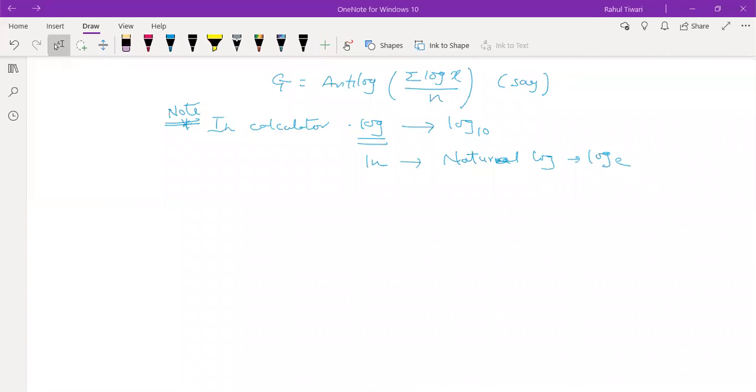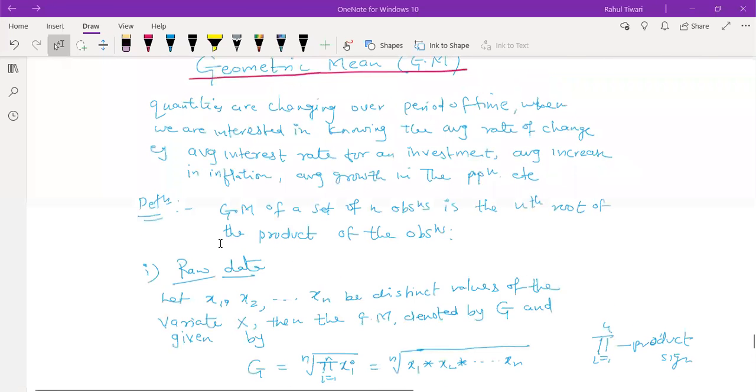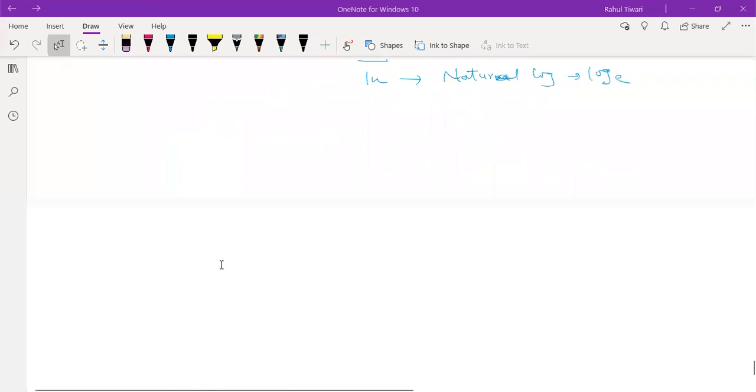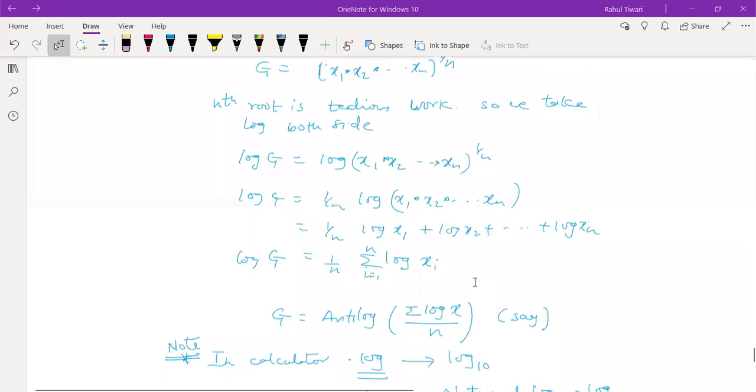Yes, sir. So let's do the problem now based on geometric mean. Which examples? Example number 9. So let's do problem number 10. Just let me adjust this.